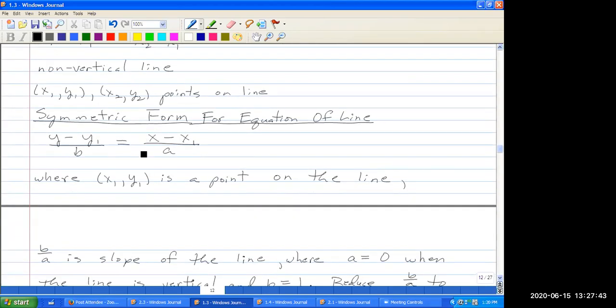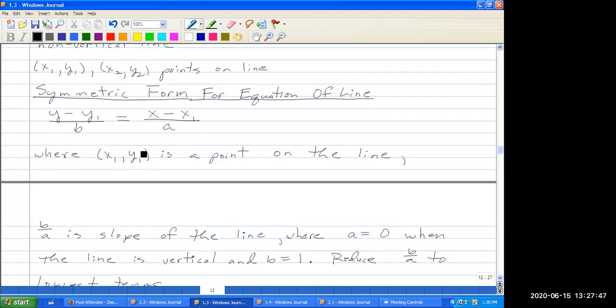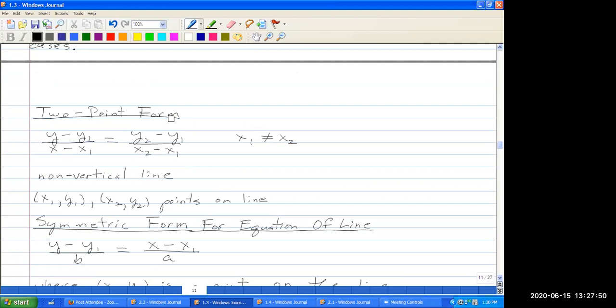The symmetric form for the equation of a line. It's almost identical to the two-point form. Just instead, you would call the slope b over a. And so if you do that, then these forms are really the same. Just multiply both sides of your equation by x minus x1 and divide by y2 minus y1.